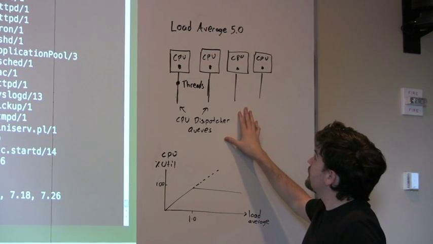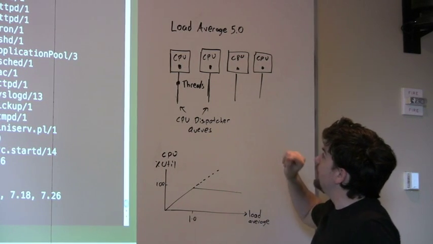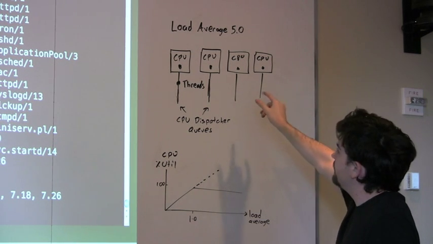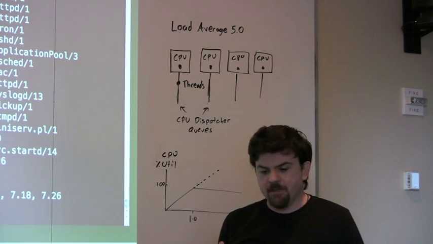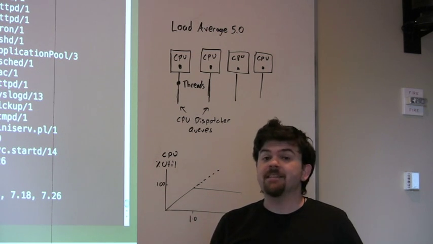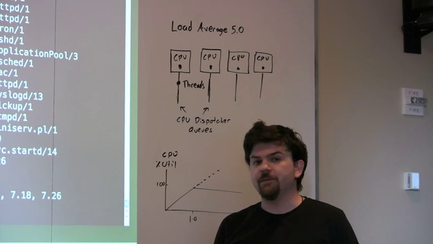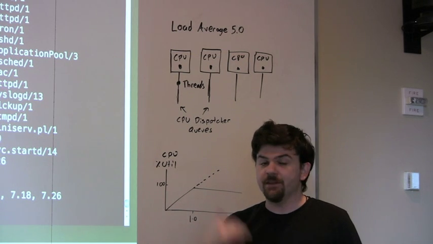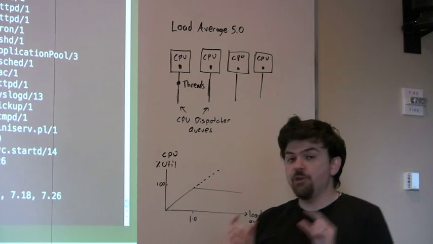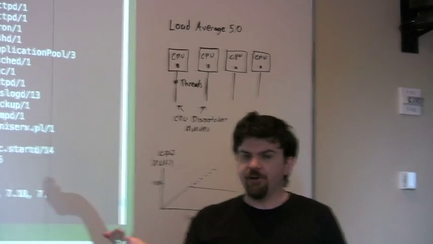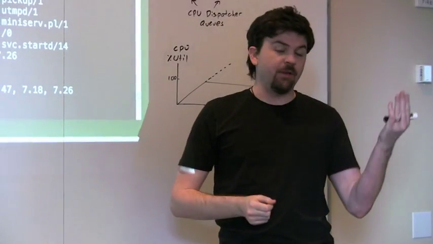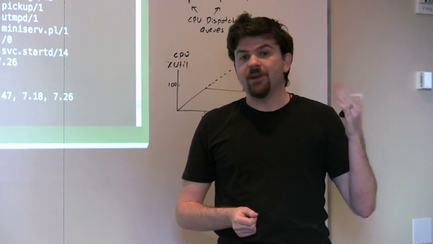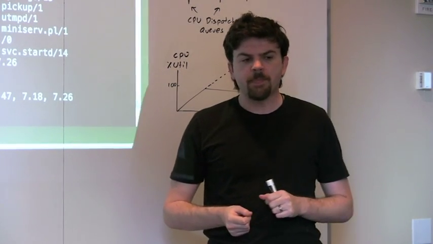This is different. If I divide the load average by the CPU count, which is 4, I get a scaled version of the load average of only 1.25, which indicates a lower level of load than the 2 CPU example. Even though numerically the load average is 5 on that 2 CPU box, and the load average is 5 on the 4 CPU box, the 4 CPU box is running at a lower level of saturation.